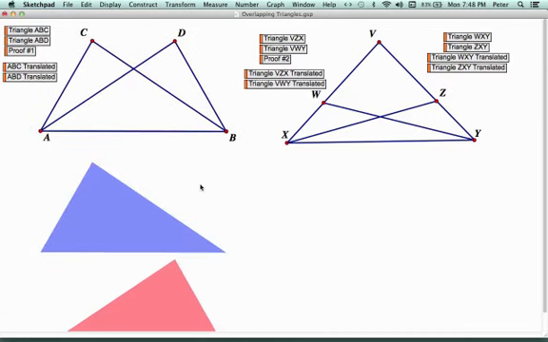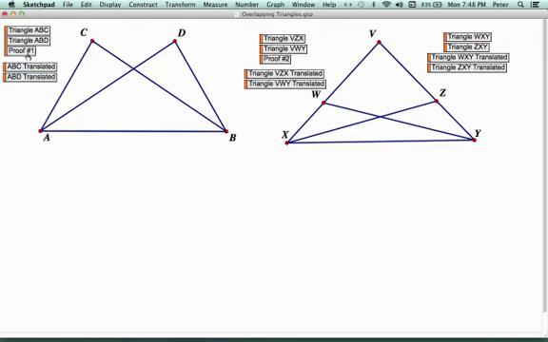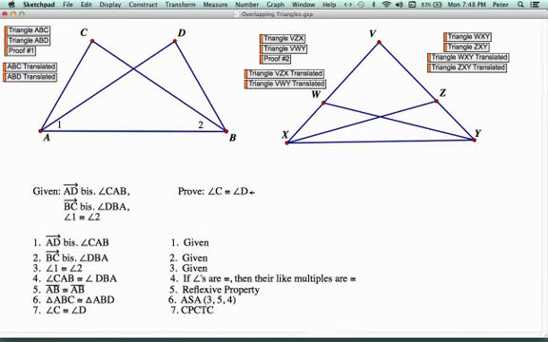The key here is that we're going to prove the blue triangle congruent to the pink triangle. First we'll go through our givens, but then we're going to show that angle CAB, this large angle on the left, is congruent to angle DBA, the large angle on the right.